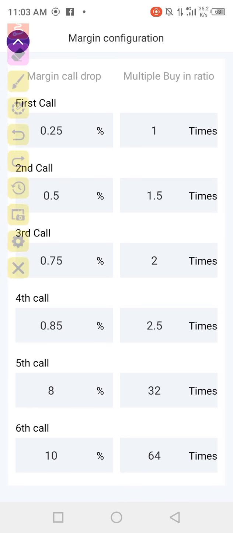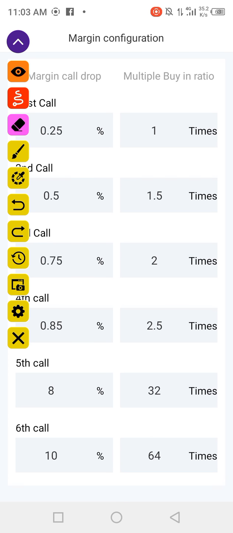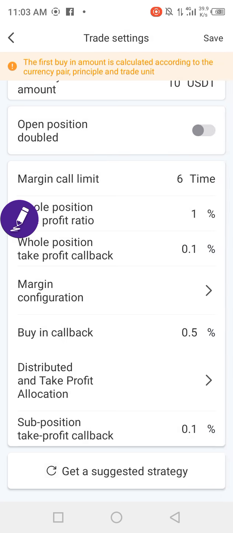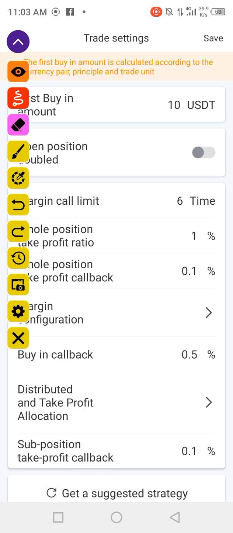Now the system has started and has purchased the first buy-in at $10. Now this $10 is now trading.